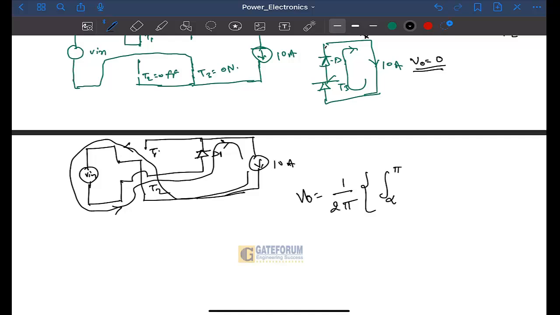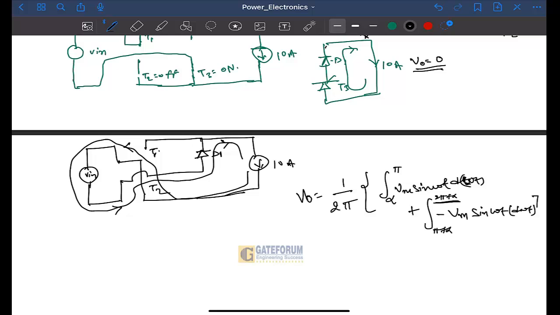So integral from alpha to pi of Vm sin omega t d omega t, plus the integral from pi plus alpha, that means 240 for our case, till 2 pi plus alpha, where your voltage is negative, of minus Vm sin omega t d omega t.